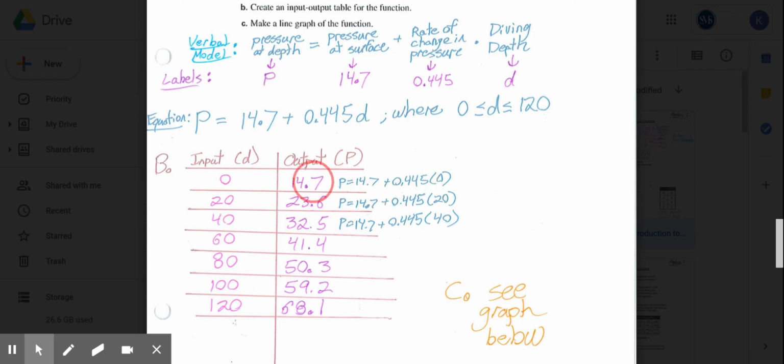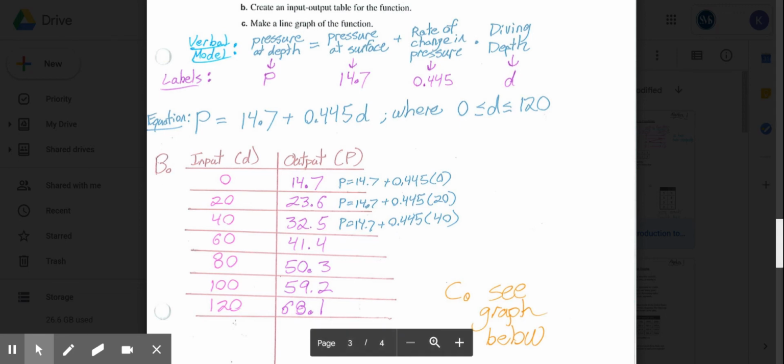So we simply get 14.7. 0.445 times 20 plus 14.7 gives us 23.6. Then 0.445 times 40 plus 14.7 gives us 32.5. And then you do the same with 60, 80, 100, and 120 to get the outputs of 41.4, 50.3, 59.2, and 68.1.